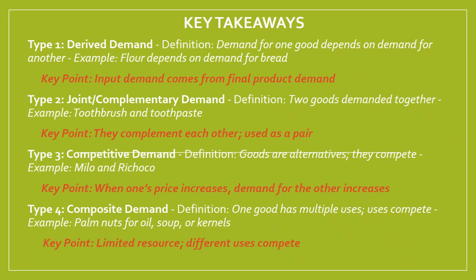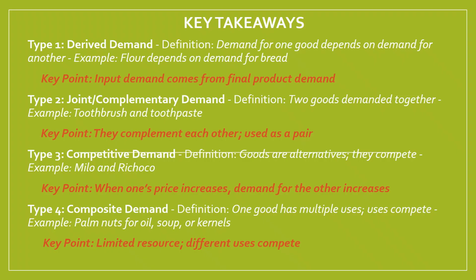Let's summarize what we have learned today about the 4 types of demand. Type 1, derived demand. Definition: demand for one good depends on demand for another. Example: flour depends on demand for bread.